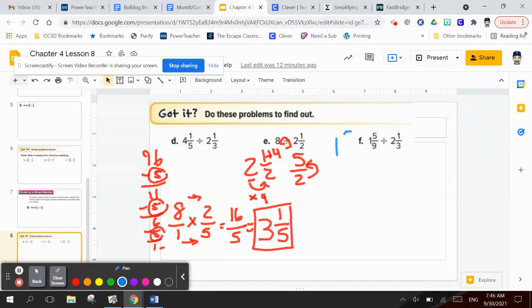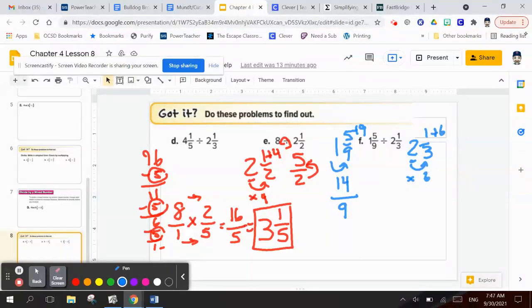So 1 5/9 is the same as 1 times 9, which is 9, plus 5 is 14. 9 is my denominator, 9 stays the same. 2 1/3. 2 times 3 is 6.